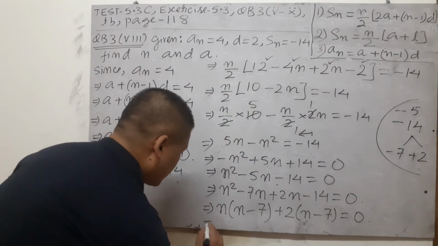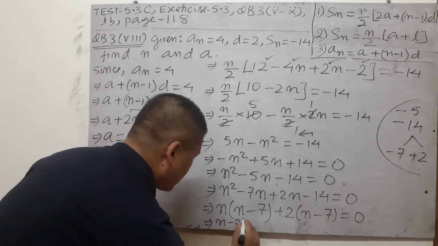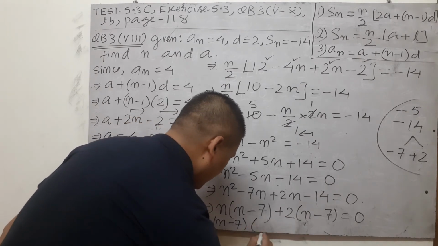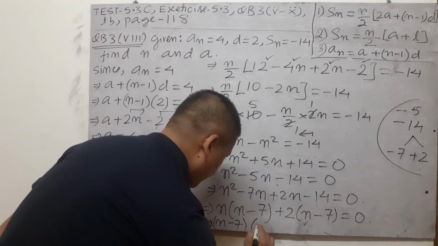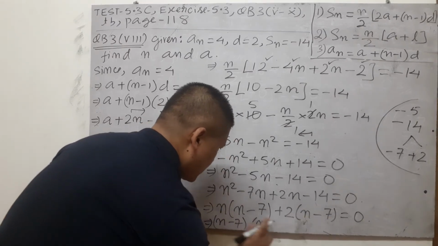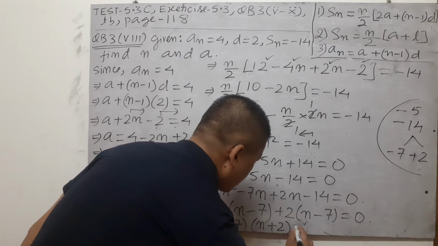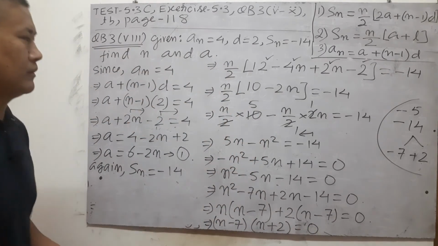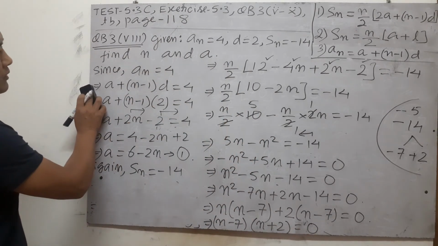So the highest common factor of these two is n minus 7, as you can clearly see, into n minus 7 gone out, so inside will be plus 2 equal to 0.